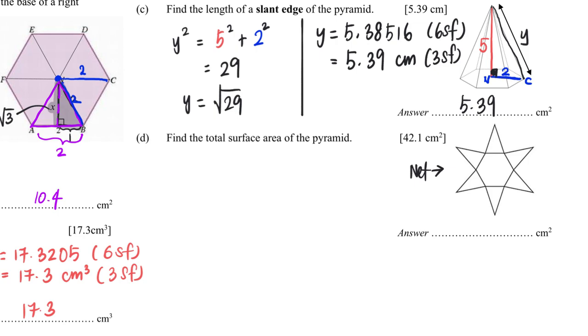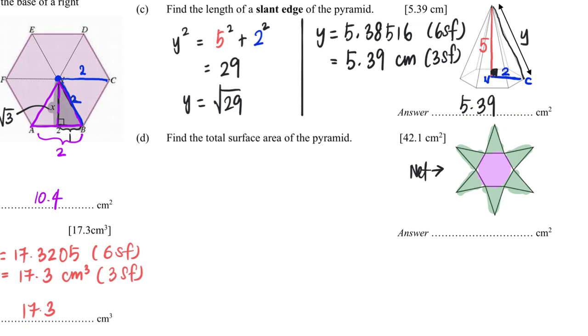So we are essentially finding the 6 triangles, 1, 2, 3, 4, 5, 6 equal triangles, and the hexagonal base, which we already have from part A. The main challenge here is to find this particular green color triangle.